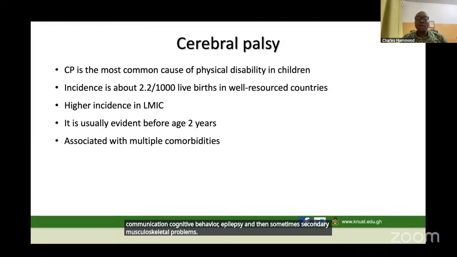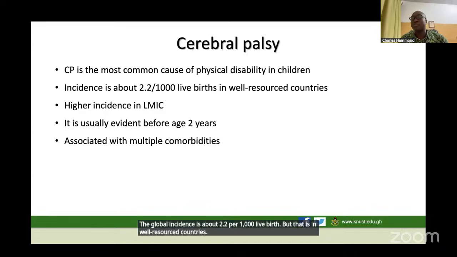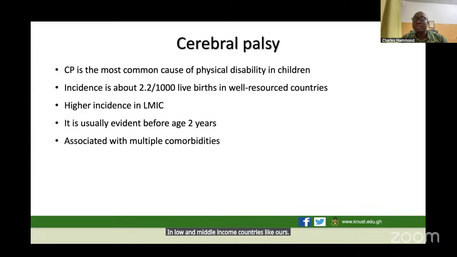CP or cerebral palsy is the most common cause of physical disability in children. The global incidence is about 2.2 per 1,000 live births, but that is in well-resourced countries. In low and middle-income countries like ours, the incidence is even higher.